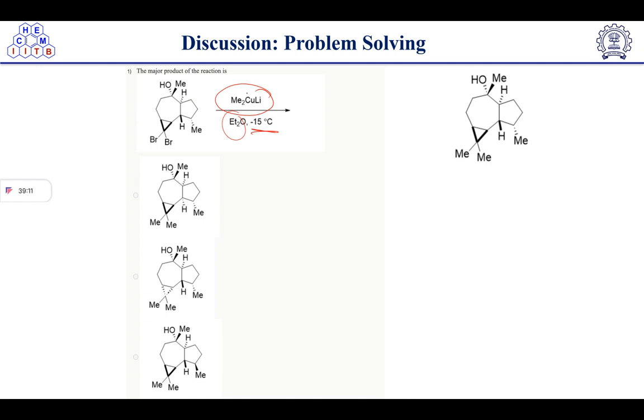So this cuprate, methyl cuprate will attack here and SN2 bromide elimination will take place. Then again the next molecule will attack in the same manner to give the dimethyl substitution over here. So the correct answer is this one. Everything will remain as it is. There is no change.